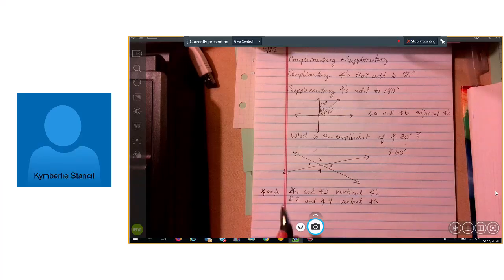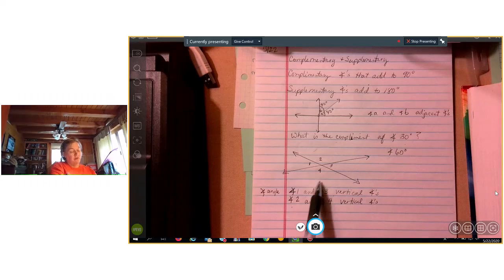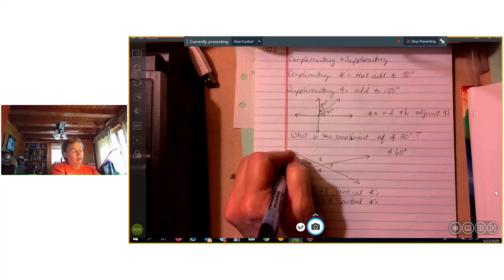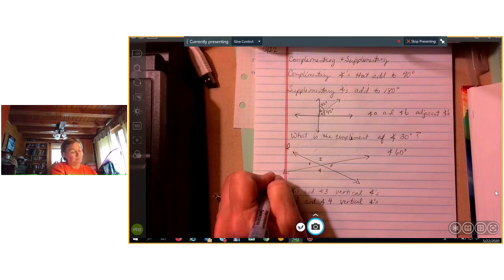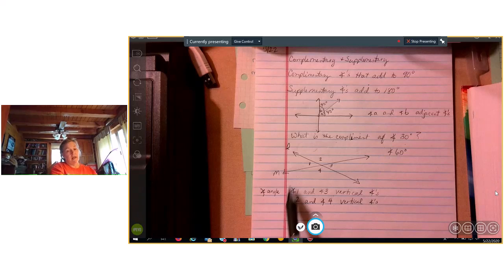Now, these vertical angles also have other things in common because these are intersecting lines. So if I have line L and line M here, I have adjacent angles. Angle 1 and angle 2 are adjacent. Angle 1 and angle 2 are also going to make what type of angle?